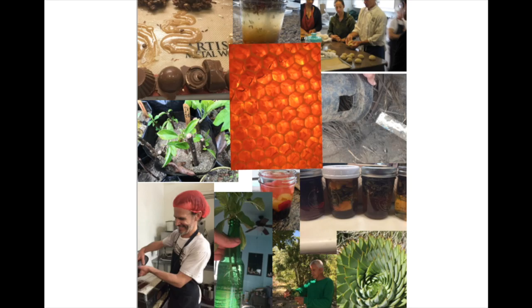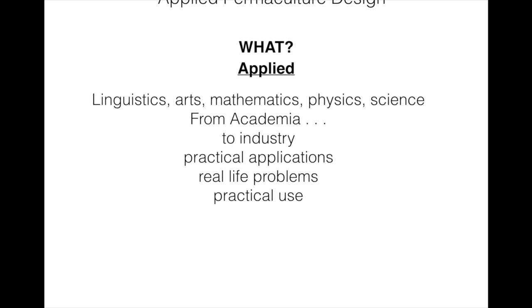And so this collage represents quite a diversity of projects, and this applied element of permaculture design, whether we talk about applied linguistics, applied physics, applied mathematics, what we're talking about is taking this discipline from academia and applying it to real life problems, to industry, creating practical applications, practical use of the permaculture design.